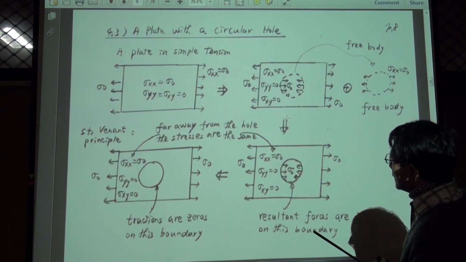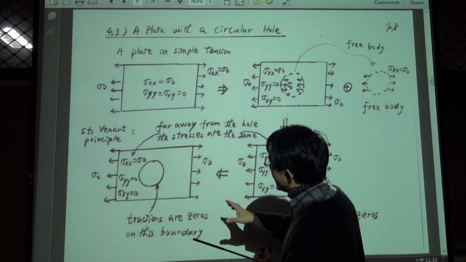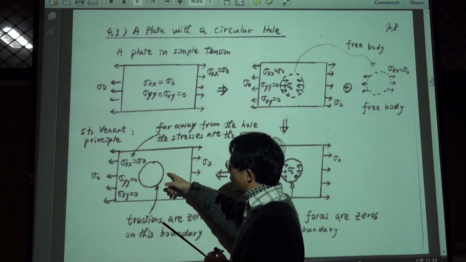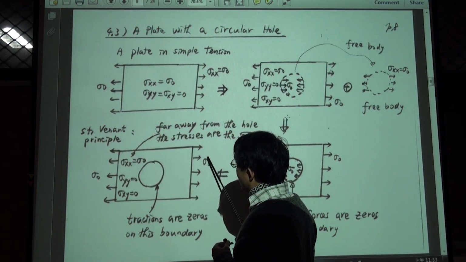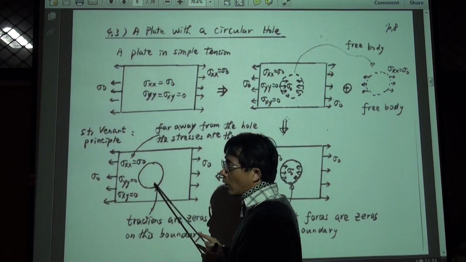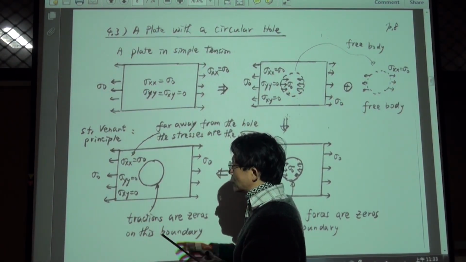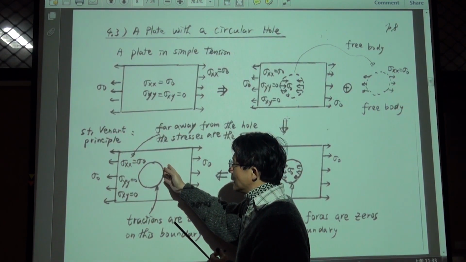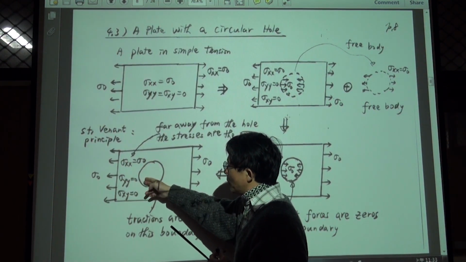Now we consider the plate we considered before. This is the plate with a circular hole in the middle, right? There is no stress, no traction applied on the boundary of the hole.